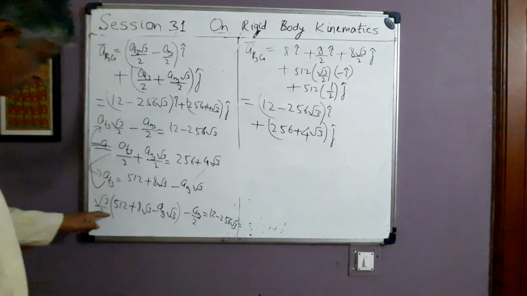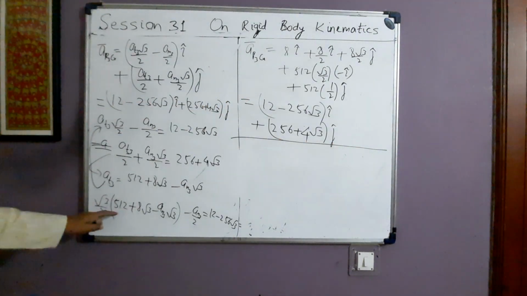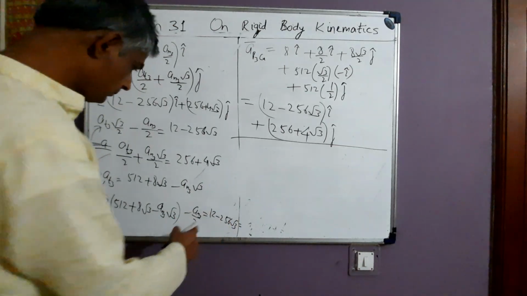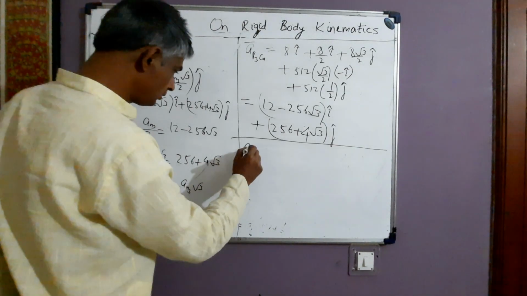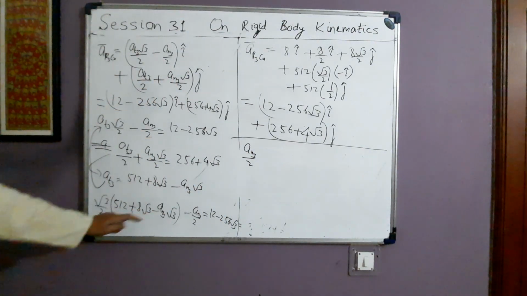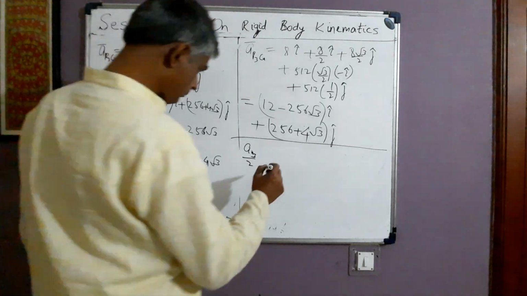So this becomes how much? Now I simplify this problem. The a_N3 I shift that side, a_N3 here and 2 a_N3 goes that side: a_N3 by 2 plus 3 a_N3 by 2.